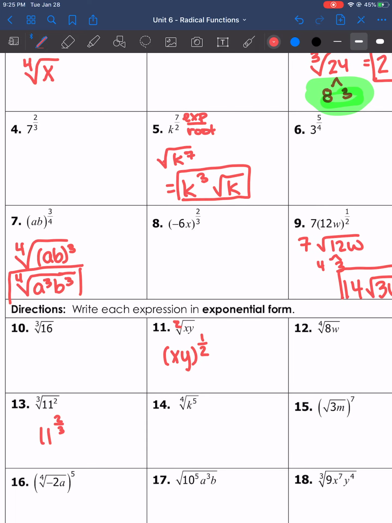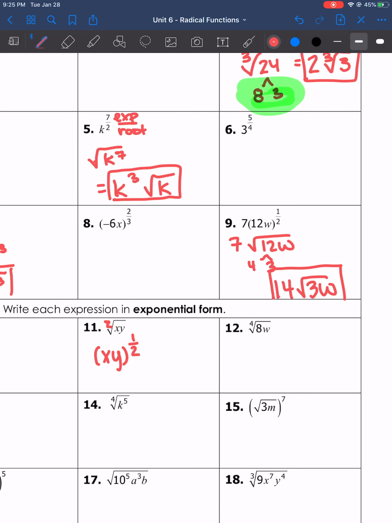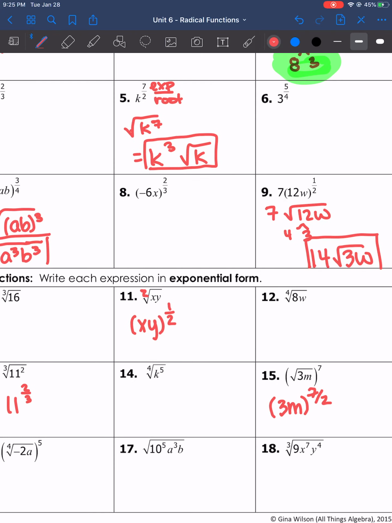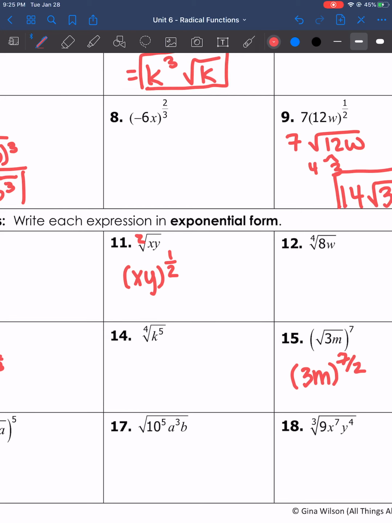15, the square root of 3m to the 7th power is 3m to the 7/2. Then last but not least is 17, which is the square root of 10 to the 5th power, a cubed b.